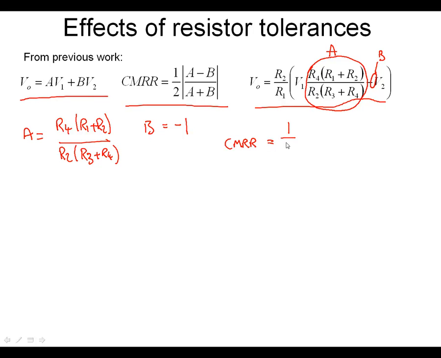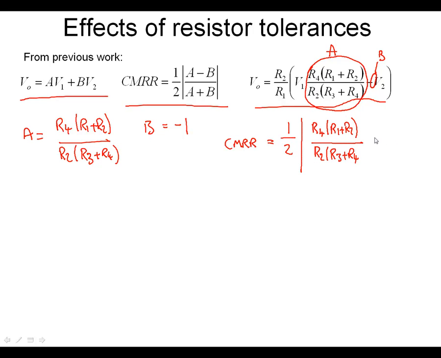So the common mode rejection ratio is 1/2 into A. So we need to put A down. A is this term. R4, R1 plus R2, all divided by R2, R3 plus R4.